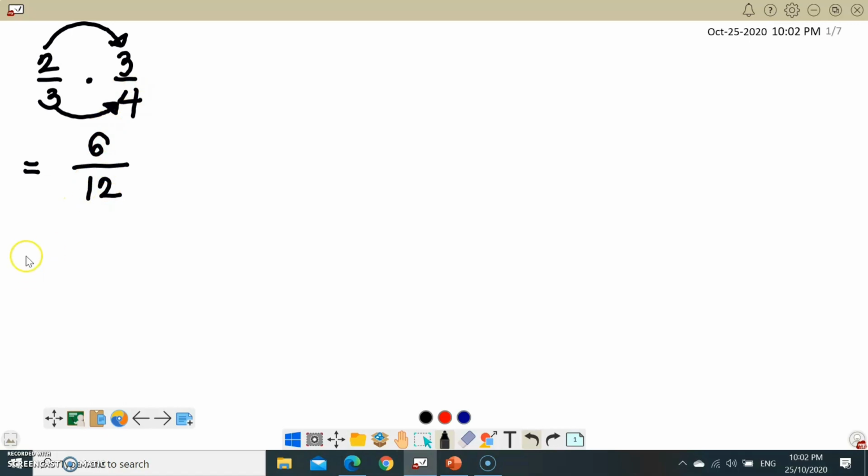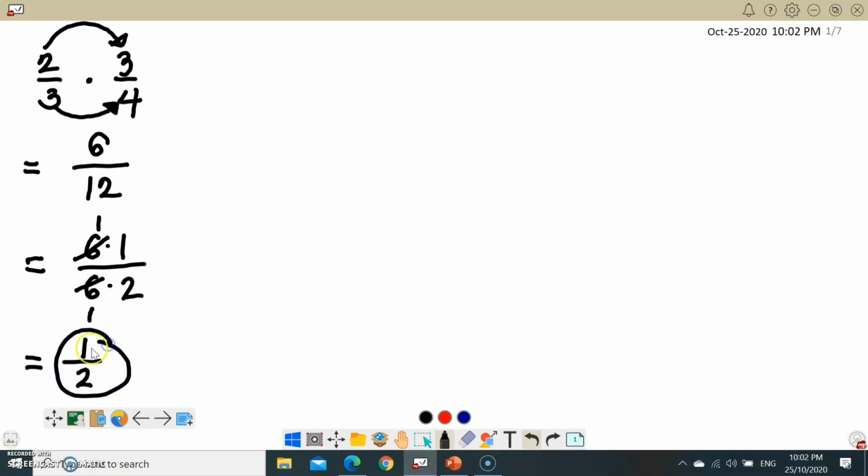Then simplify. Factor the numerator, that's 6 multiplied by 1, over factors of 12, 6 multiplied by 2. So we cancel 6 and 6. The quotient is 1. The product now is equal to 1 multiplied by 1 is 1 over 1 multiplied by 2 is 2. And we have 1/2.